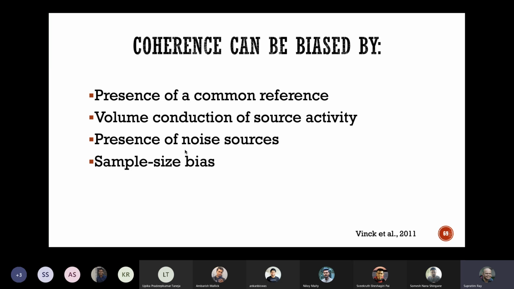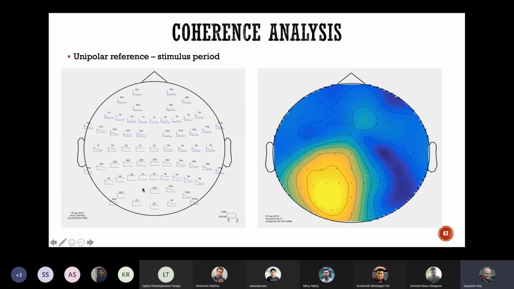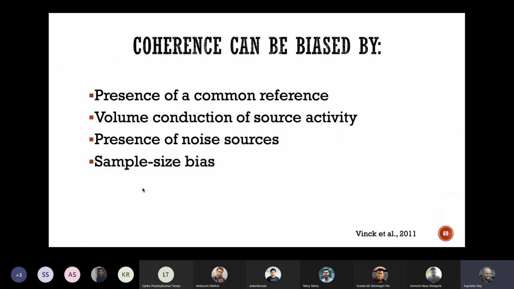So the remaining strategies that I'm going to tell you, remaining solutions, tend to address these issues, the common reference and volume conduction related issues. And one method will deal with this sample size bias that I'll talk to you about in a bit.